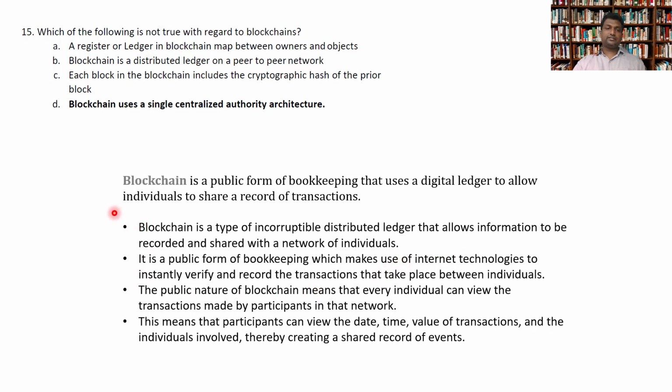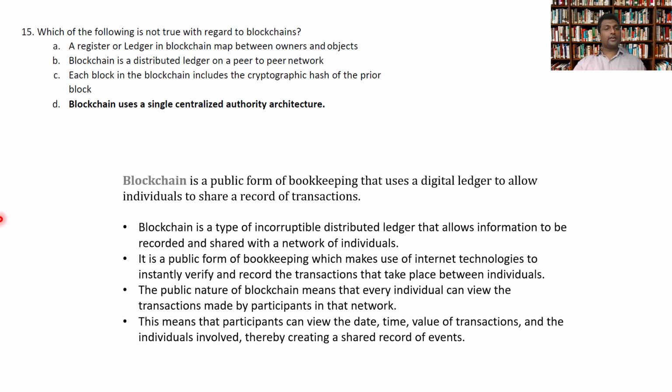So this is all about a decentralized architecture. No one owns any transaction or this ledger concept. Everyone is using it. So this is a distributed ledger, right? Everyone can participate in their transaction and everyone else can see how the transaction has happened.